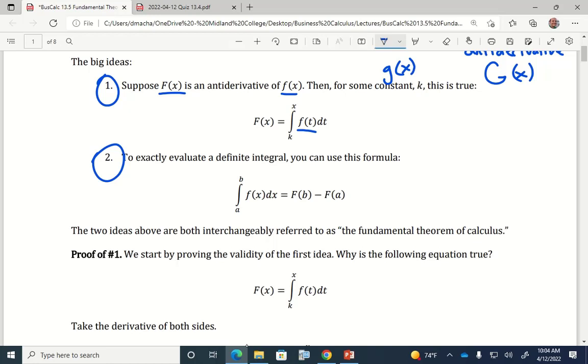If you want to go in reverse, if you have a definite integral and you want to evaluate it exactly, not meaning like I'm going to take a Riemann sum with 16 rectangles, but I want to know exactly the value of the area under the curve, you can solve this in a lot smarter way than computers can. You don't have to add up rectangles. Instead, take the antiderivative of the integrand function, evaluate that antiderivative at the upper bound and lower bound of your definite integral, and subtract the two.